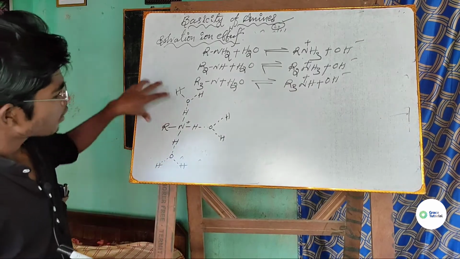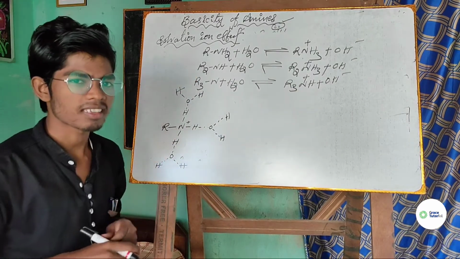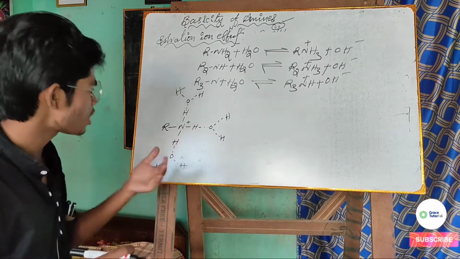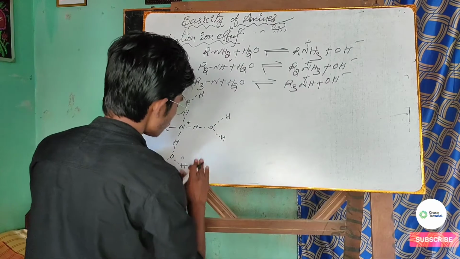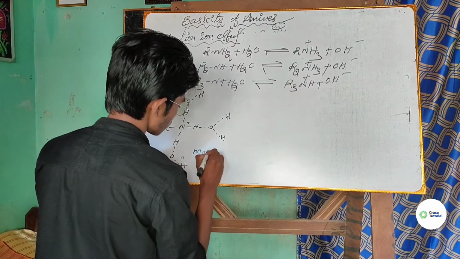In this way, the hydrogen bonding takes place, and greater the number of hydrogen bonding, stronger its basicity. So here the maximum hydration takes place.